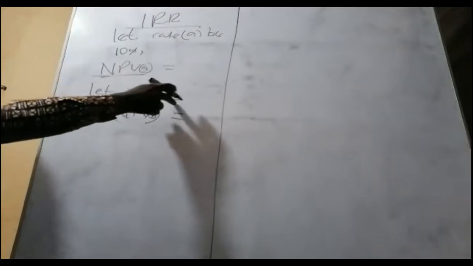Let rate A be 10%. Therefore NPV A will be what? You put it down, then tell the examiner, then let rate B be equal to.